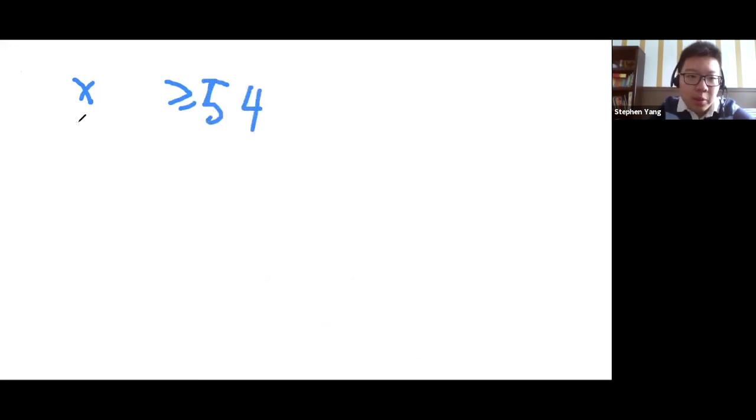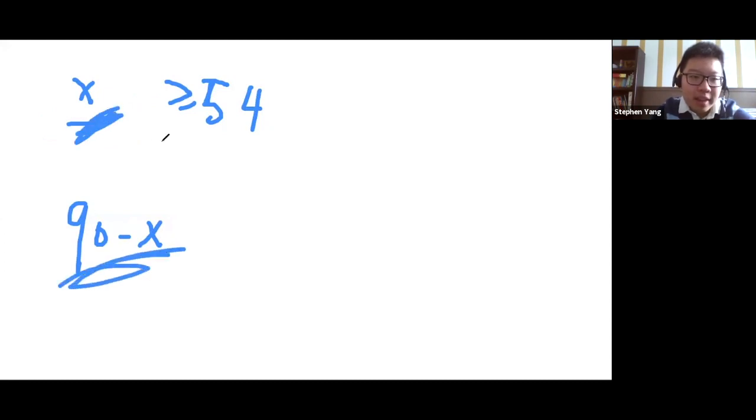Since we want this X to be really big, when these X people are playing against the other 90 minus X people, we should let these people lose and those X people win. So for each person in X, when they're playing against the other 90 minus X people, they'll get 1 point each, which means this person has already got 90 minus X points.